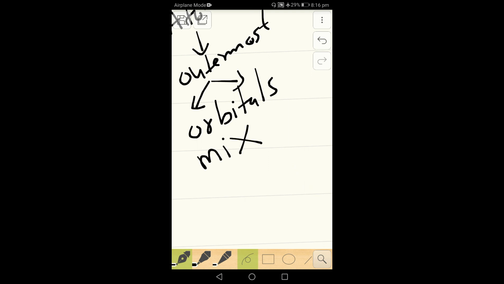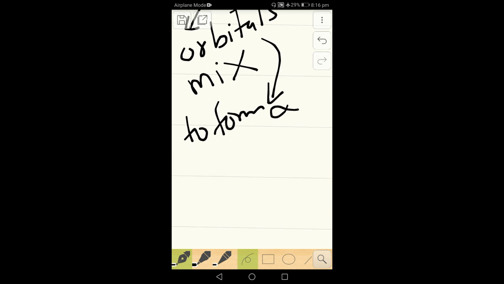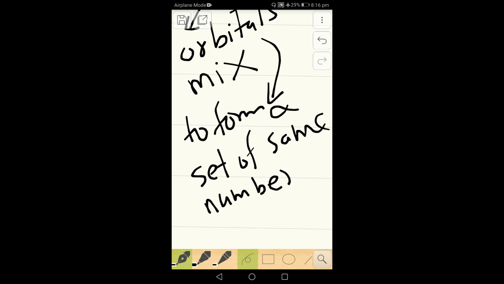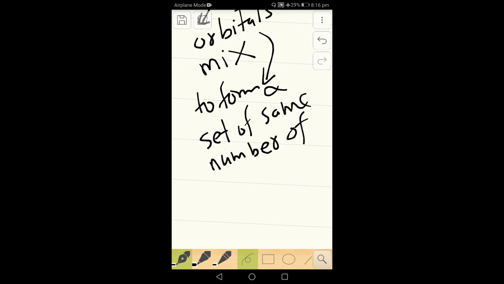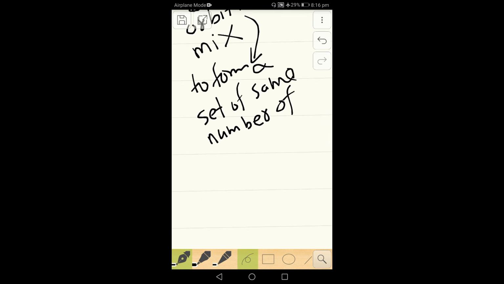Orbitals mix together to form a set of the same number of new orbitals.